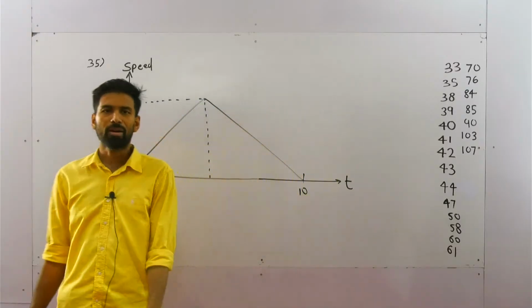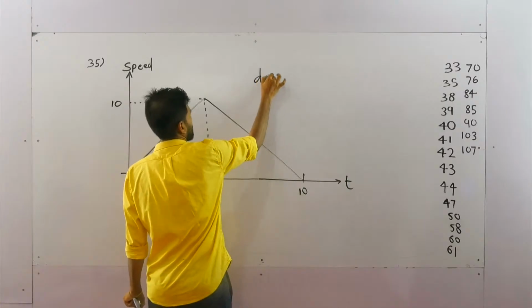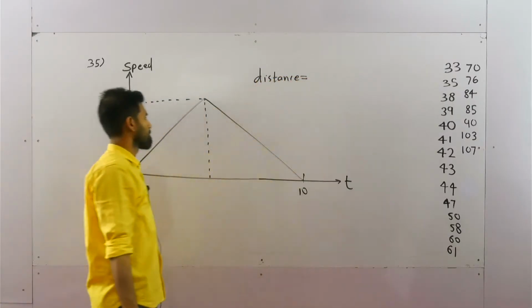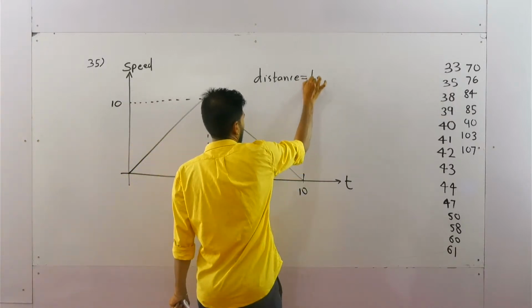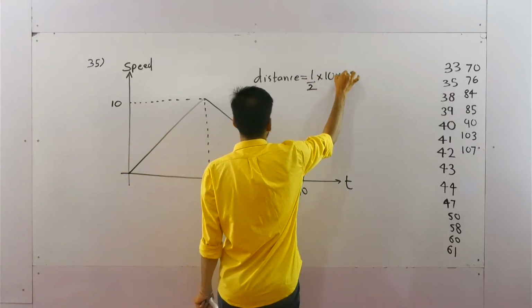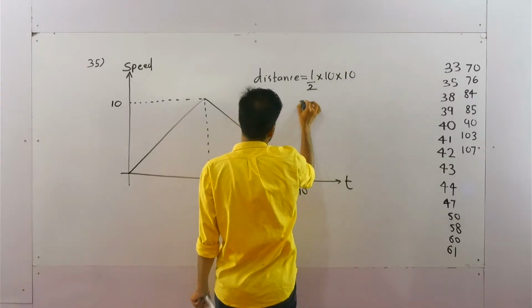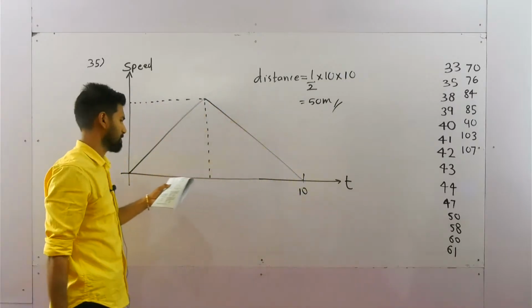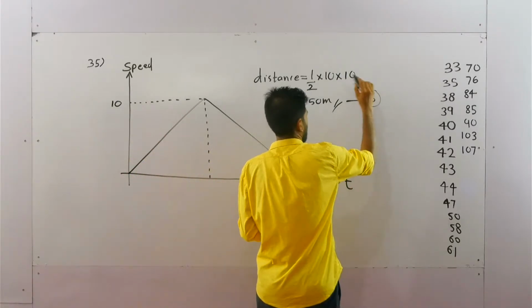So the distance is the area under the curve. It's a triangle, half, the base is equal to 10 and perpendicular height is also equal to 10. So 50 meters. It's an easier one. Answer is B.